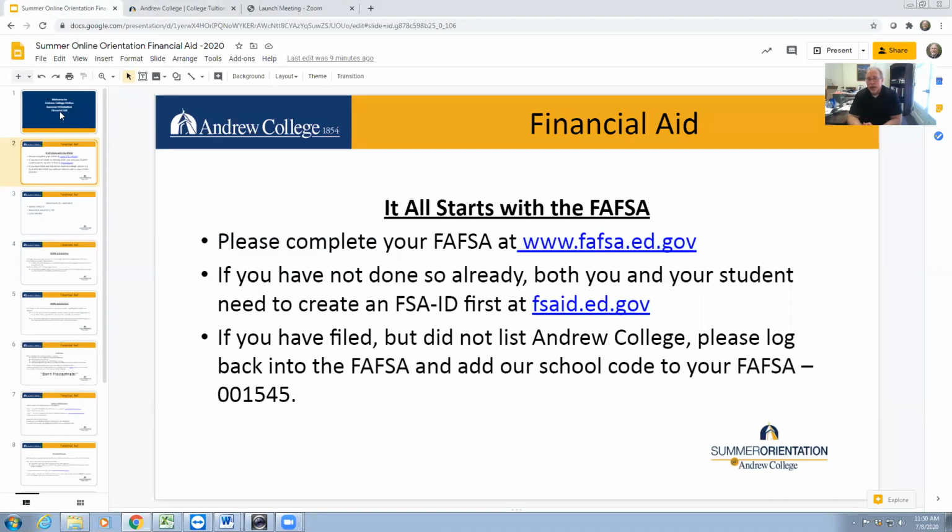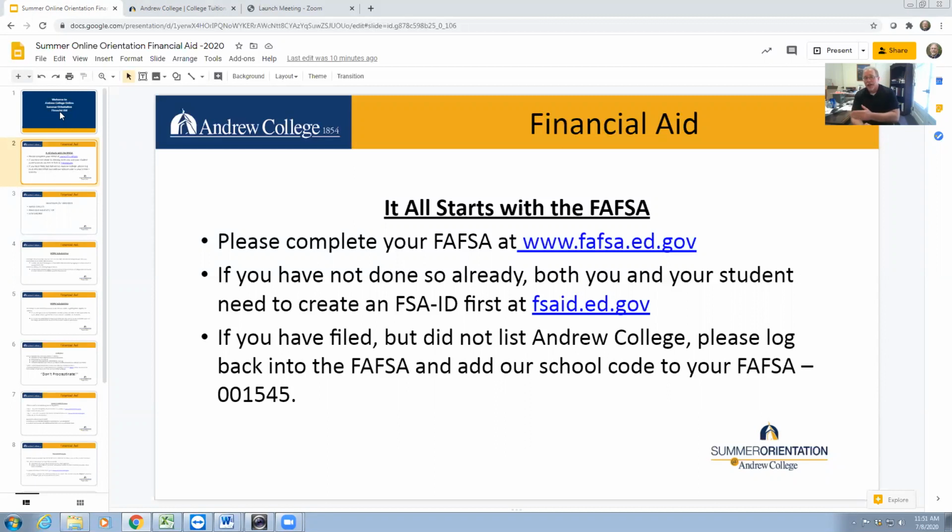The student will need to have their individual FSA ID. One of the parents will also need to have an FSA ID. If, as a parent, you have multiple students in college and you've already gotten an FSA ID for filing financial aid with the other student, you will use the same FSA ID that you had previously.